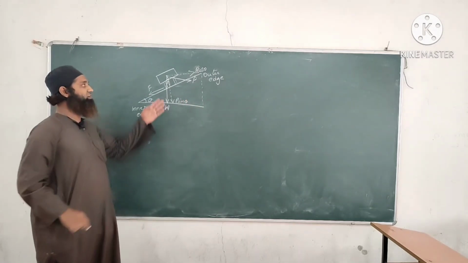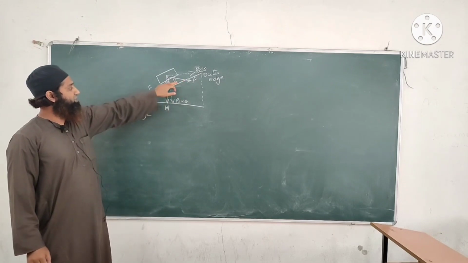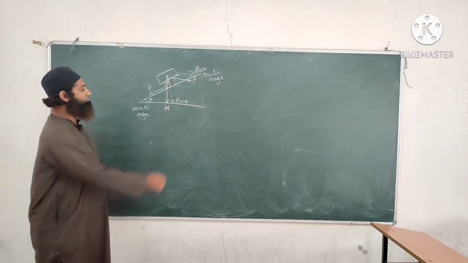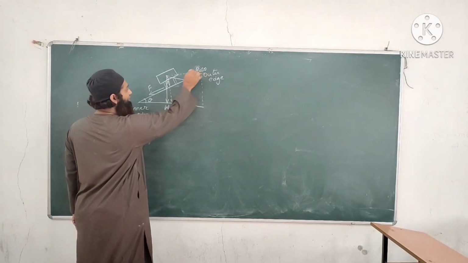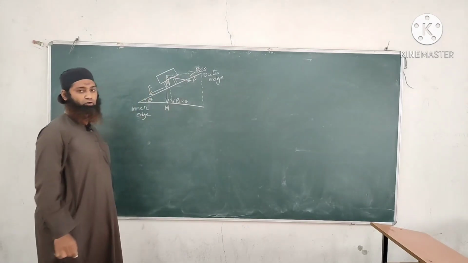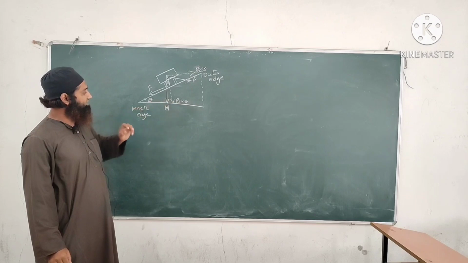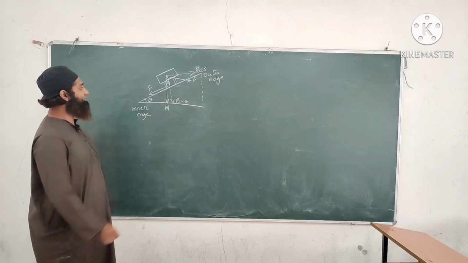You must have learned this in your mechanics subject. This force P is being resolved into force in the x direction and force in the y direction. Same way I will resolve this force W also into x and y direction.